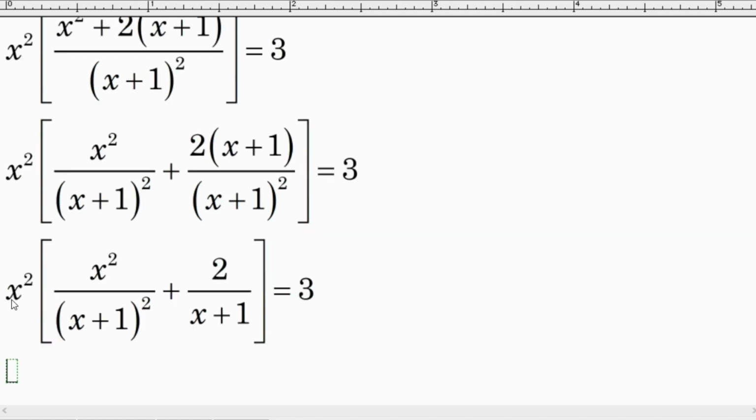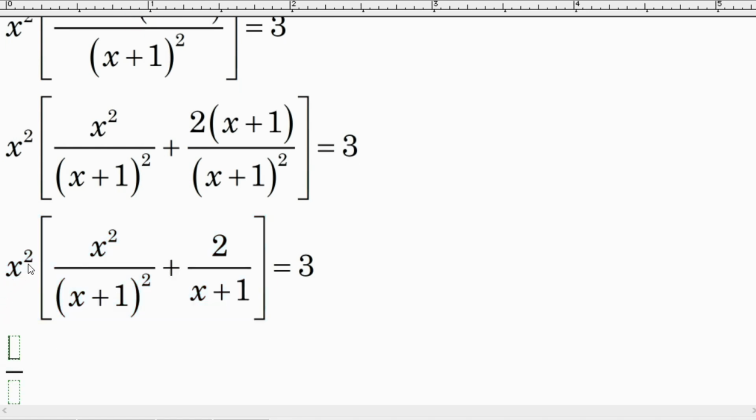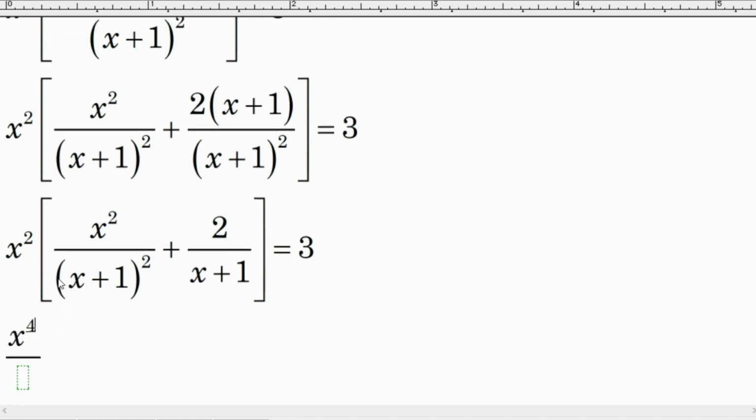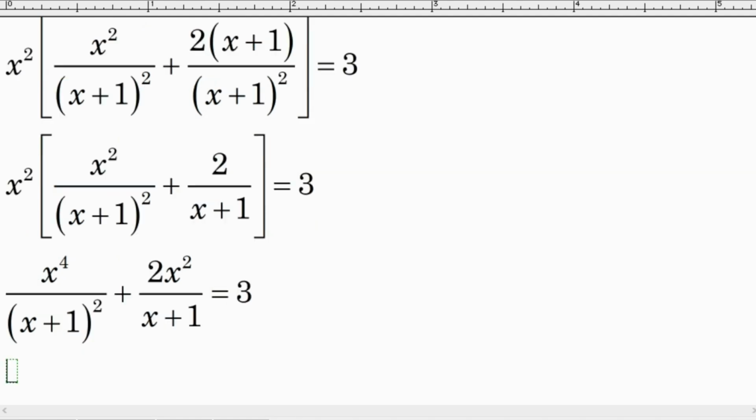Now I'm going to expand this factor. We have x squared times x squared, which equals x to the power 4, divided by (x plus 1) squared, plus x squared times 2, which is 2x squared, divided by x plus 1, equal to 3.